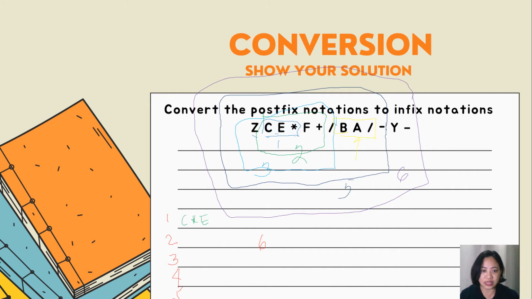So 1 is, copy lang natin, C times E. And then we have plus F. Okay? Now, naunang operator yung times kesa sa plus. Eh, ganun din naman ang ginawa natin, di ba? Una natin in-evaluate yung C times E before the plus F. So, okay lang na kahit walang parenthesis ito.